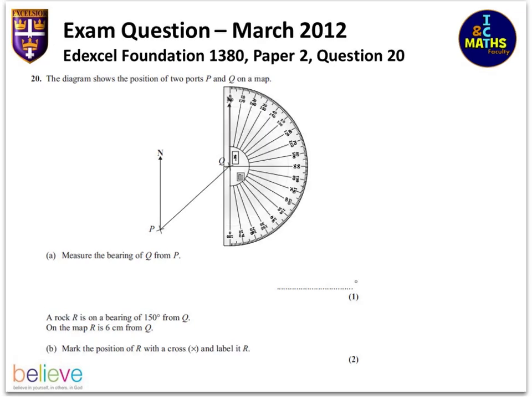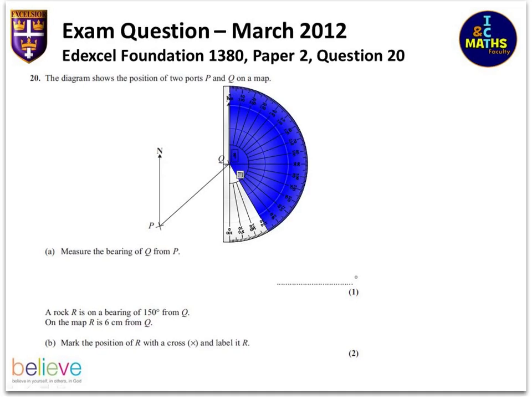Okay, if you see, I've put my protractor in place. Again, I've got 0 pointing straight upwards, and I'll be using the outer scale of my protractor as it counts clockwise around there. Okay, the angle that I wanted was 150, so I've marked that in blue. You can see it around the outside there.